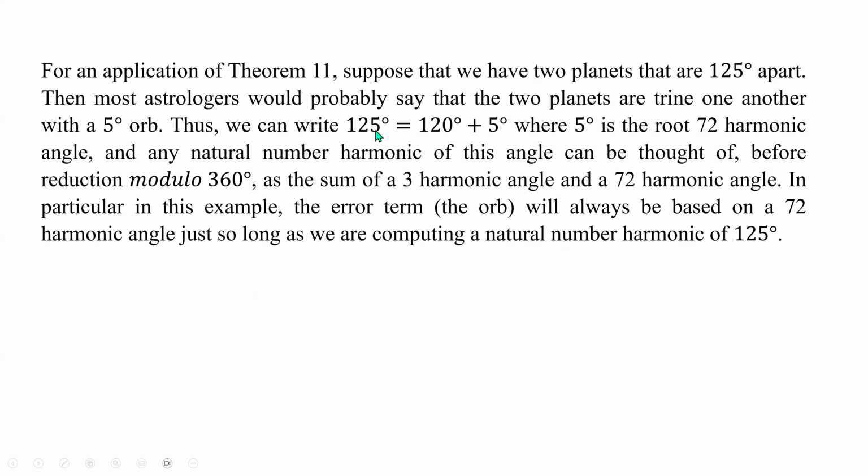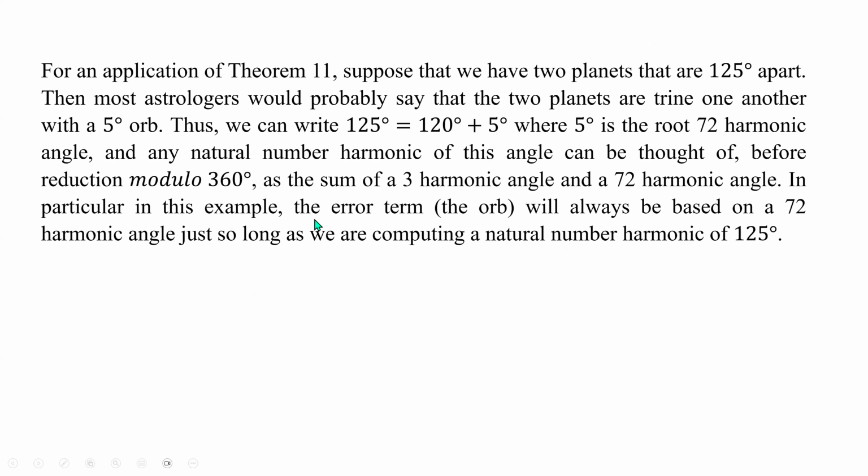Thus, we can write 125 degrees equal to 120 degrees plus 5, where 5 degrees is the root 72 harmonic angle, and any natural number harmonic of this angle can be thought of before reduction modulo 360 degrees as the sum of a 3 harmonic angle and a 72 harmonic angle. 120 degrees is our 3 harmonic angle, 5 is a 72 harmonic angle.